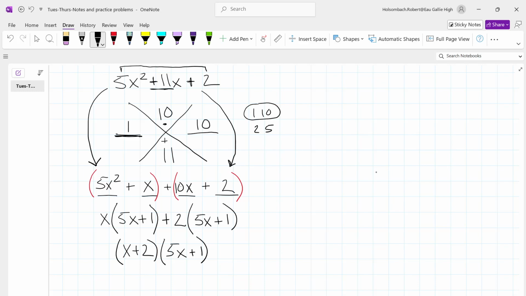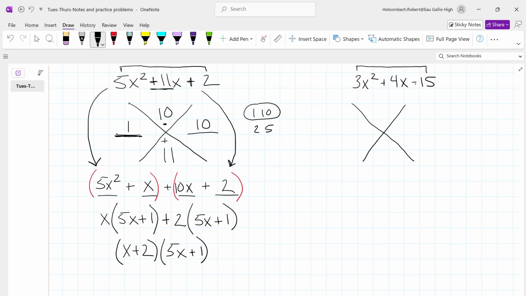Let's look at 3x squared plus 4x minus 15. All right, we're going to follow all the same steps. We're going to draw our x. Our a times our c goes in the top.